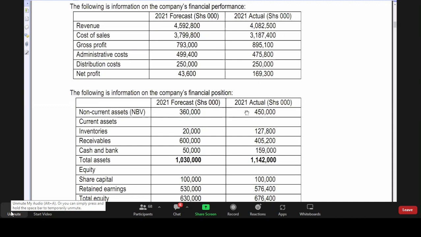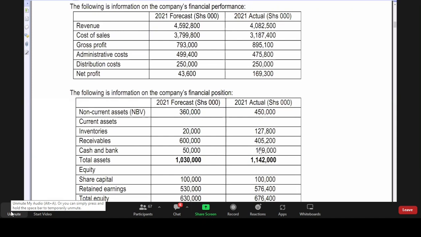You can see there's an increase in the non-current assets. The forecast was 360, but they closed at 450. You can see the receivables are reducing as well, but when you look at the receivables of 600 vis-a-vis the sales of 4.5, it looks big. You can see the cash is high.